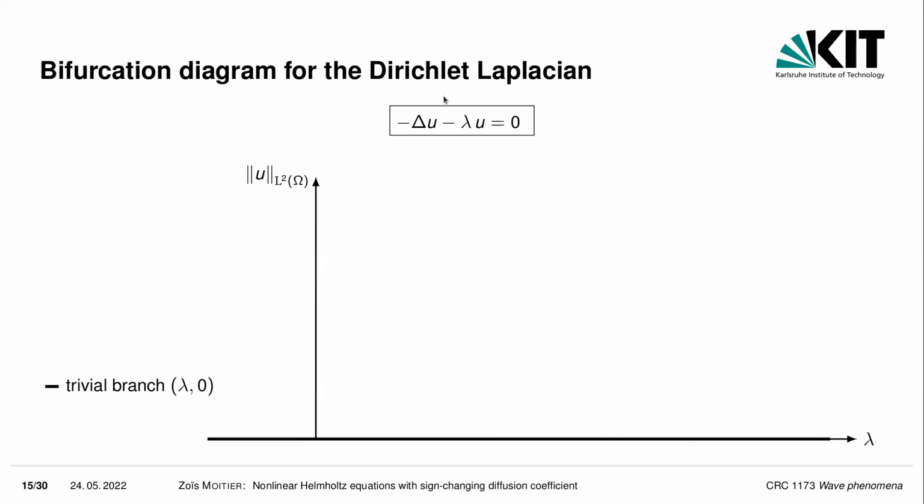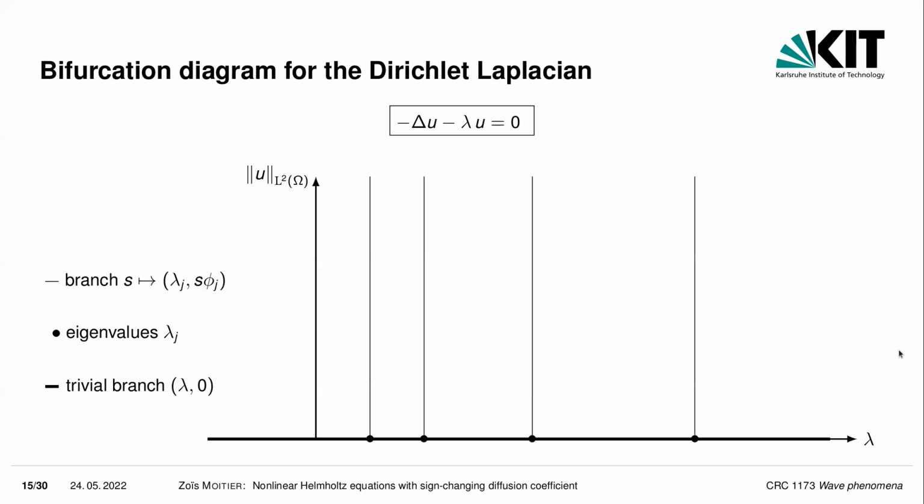And for this equation, this is a simple eigenvalue solution. I actually know already what this bifurcation should look like. So I need to introduce the eigenvalues of the Dirichlet Laplacian.